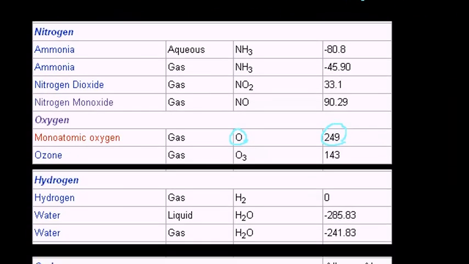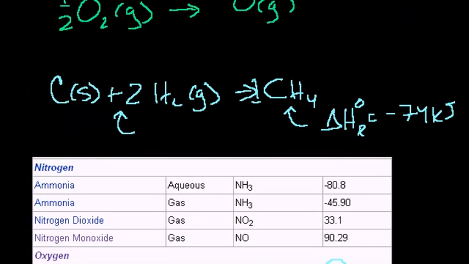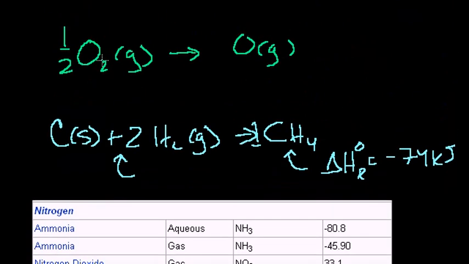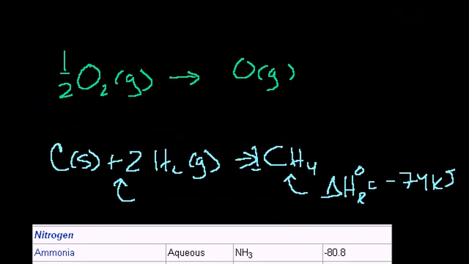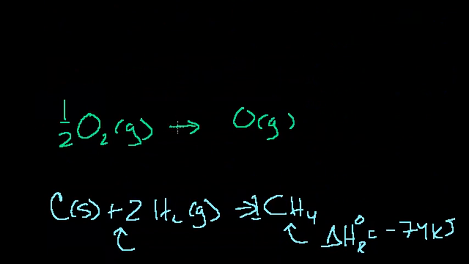This tells us that this state has more potential than this state. And in order for this reaction to occur, you have to add energy to it. You have to put the energy on the other side, so you would put a plus. So right here, you would have to say plus 249 kilojoules.